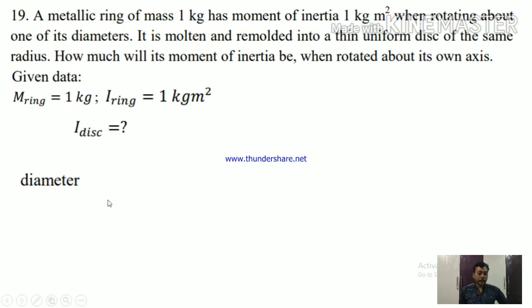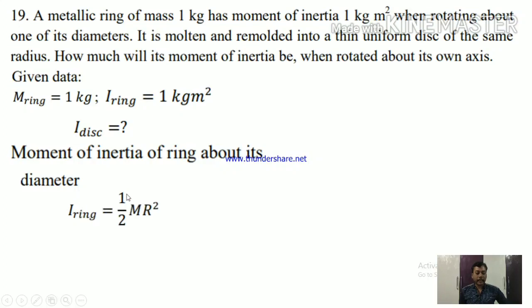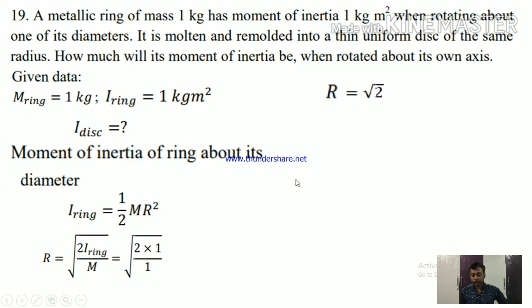Now the moment of inertia of a ring about its diameter is I ring equal to 1 upon 2 m r square. Now if we put the values and calculate r, the formula for r is equal to under root 2 I upon m, that is moment of inertia of ring upon m, which is given 1, m is 1, so r is equal to root 2.